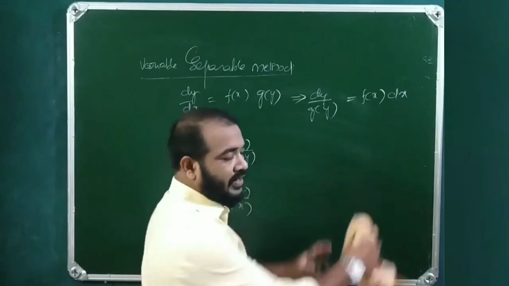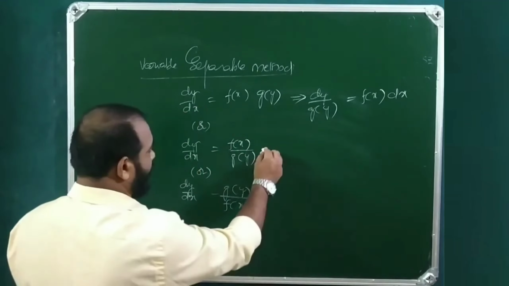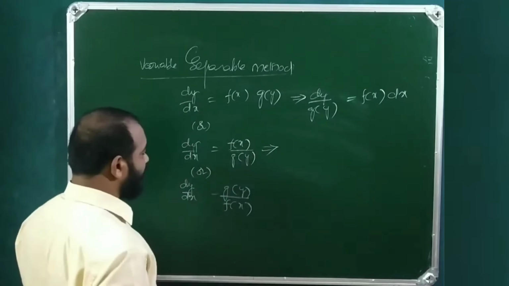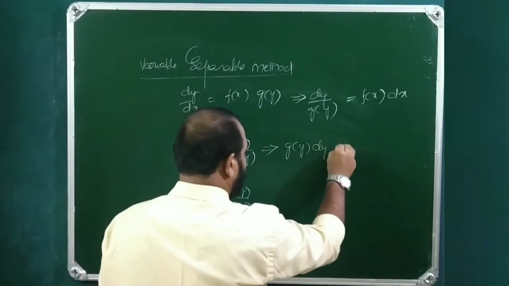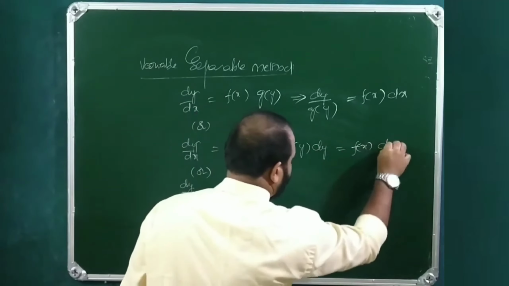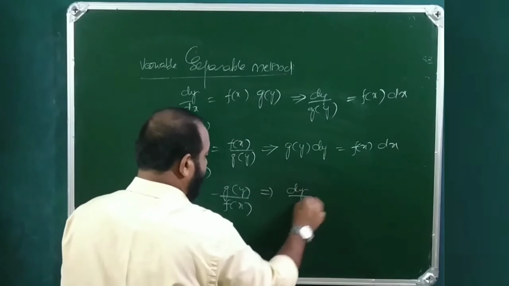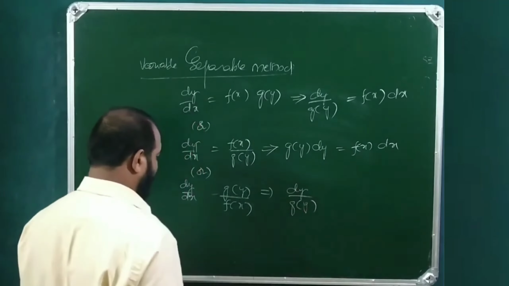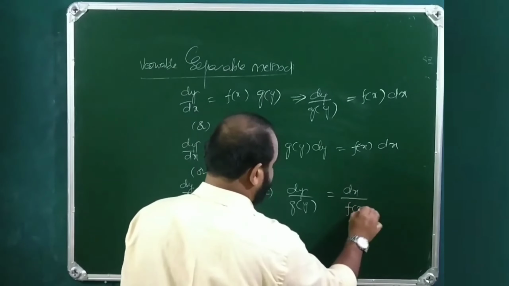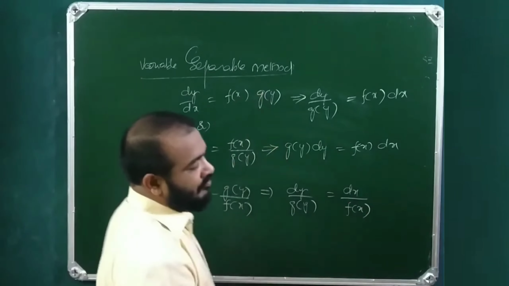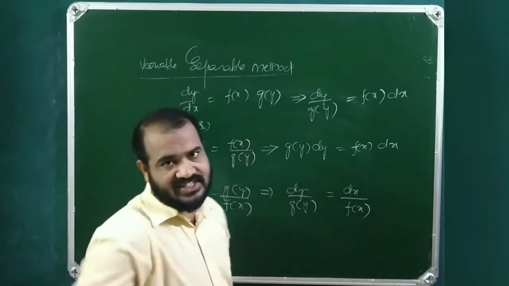So in this way we could separate the variables. Otherwise, if the situation is something like this, then it is dy by g of y is equal to dx by f of x. In this way, we can separate the variables, as the name clearly suggests.